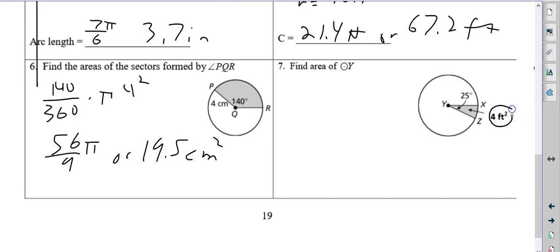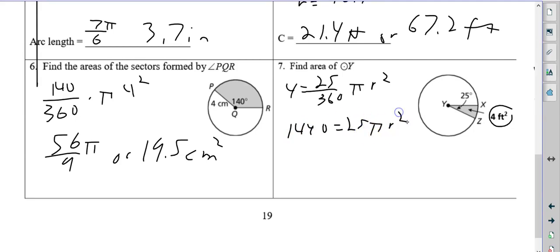Okay, this time we know the area is 4. We know the sector, 25. We know 360 total. Pi r squared. We're trying to find the radius. So we end up with 4 equals, crunch the numbers, we end up with 1440 equals 25 pi r squared. So multiply both sides by 360, so we have no denominator.